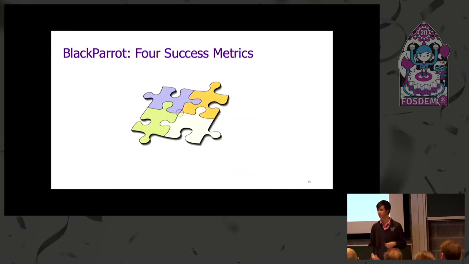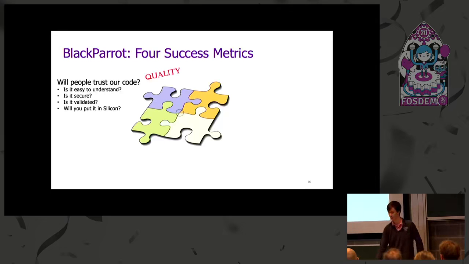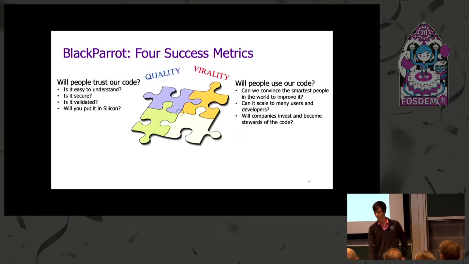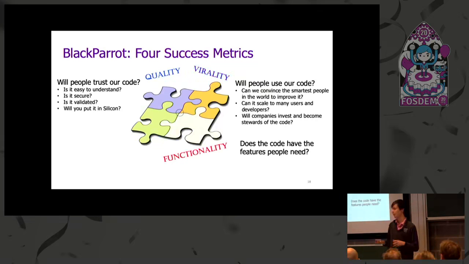On our route to going global, we measure our progress around 4 distinct axes. We have quality. Will people trust the code? Will people be able to justify putting it into silicon? Will people be able to use it everywhere? Will it fit into all use cases and be able to use all accelerators with it? Does BlackParrot have everything that you need?